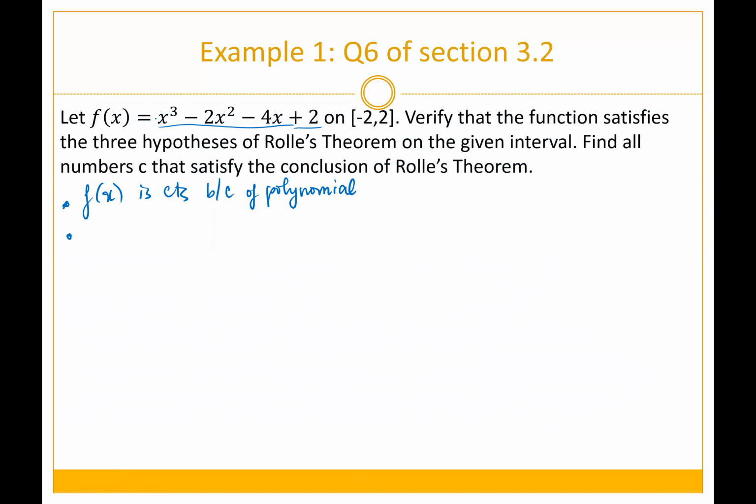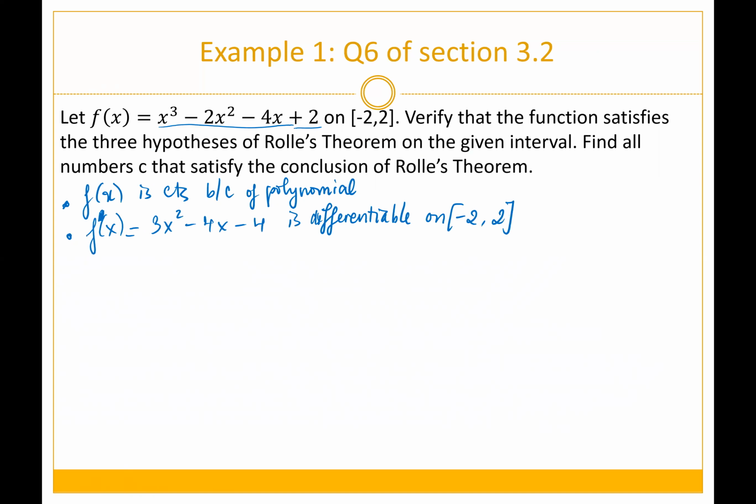Then you have differentiable, because if you take f prime of x, it's just going to be 3x squared minus 4x minus 4, which is also another polynomial, so it is differentiable on negative 2 to 2, or in other words from negative infinity to infinity.